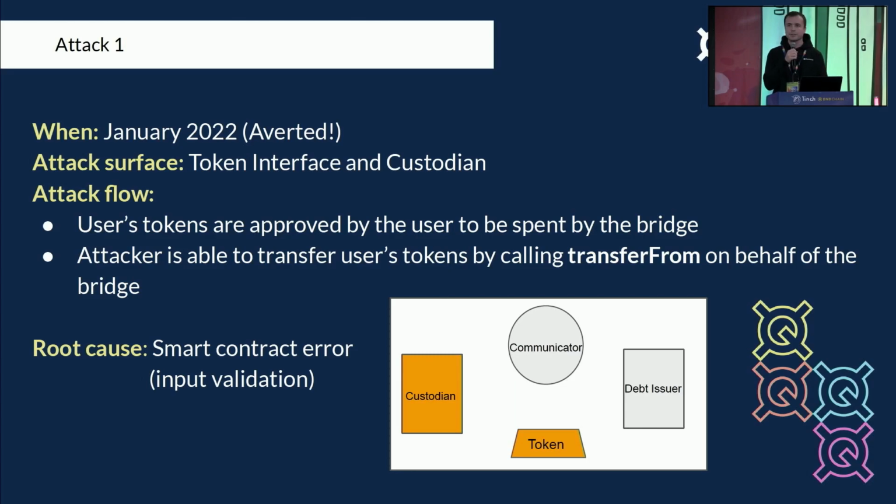And some users, of course, it's very easy to make a mistake, did the infinite approval, which pretty much grants a lot of access to a bridge. The attacker was able to exploit a smart contract error related to input validation and call the token contract on behalf of the bridge, therefore taking the assets that belong to the user.